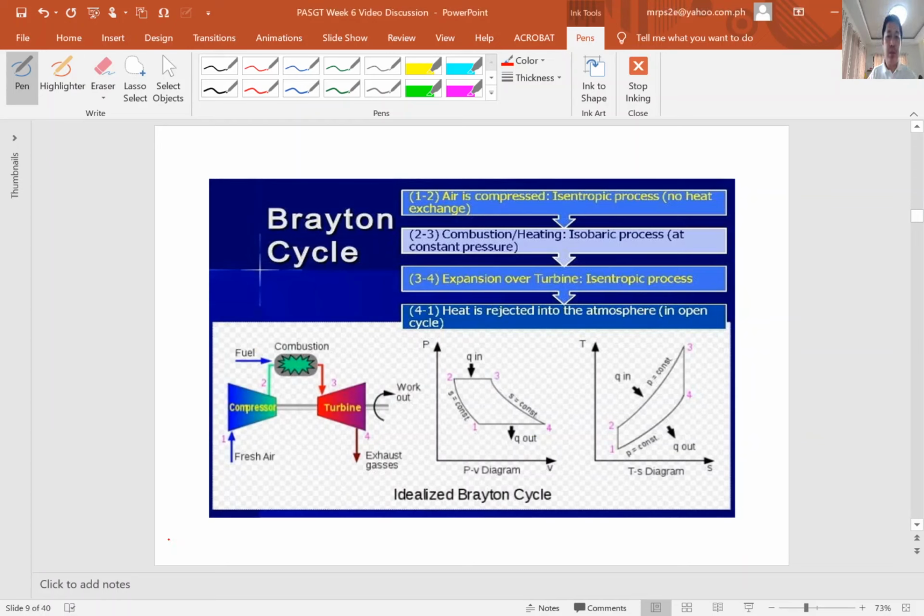In a Brayton cycle, first we have to tackle this simple diagram, which is the open cycle. So this is the open cycle gas turbine. So this is basic.